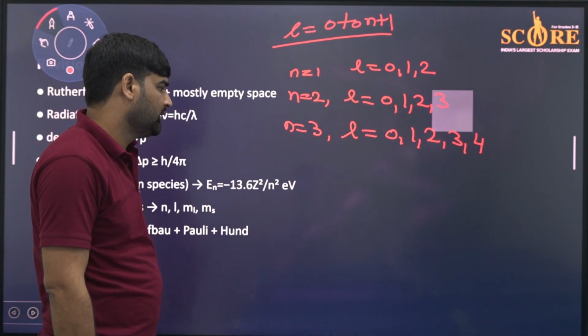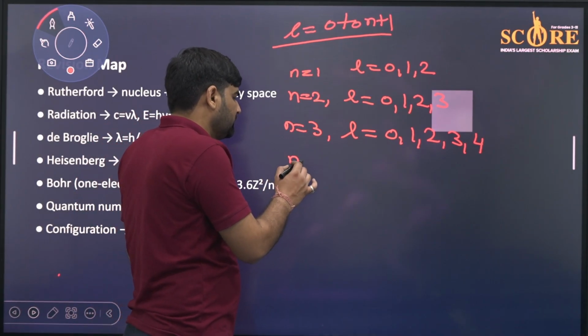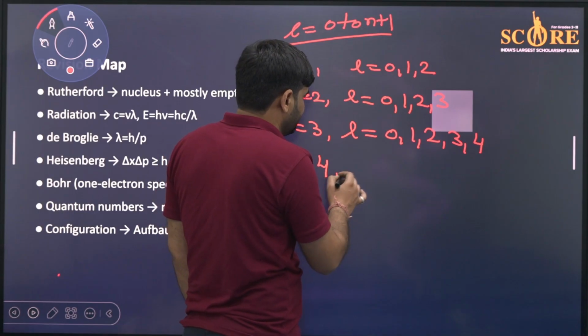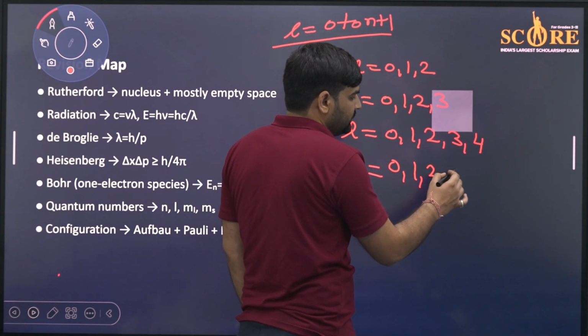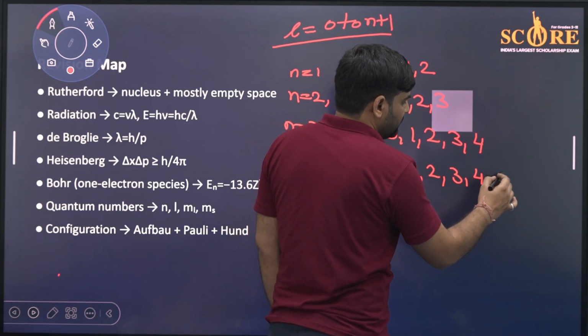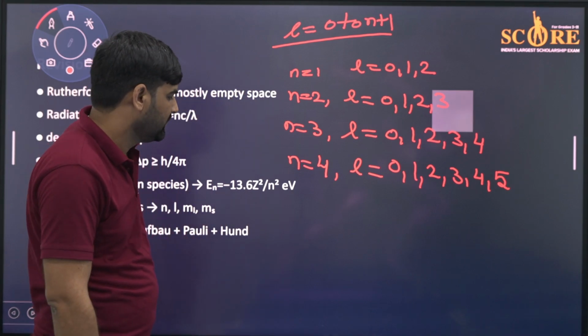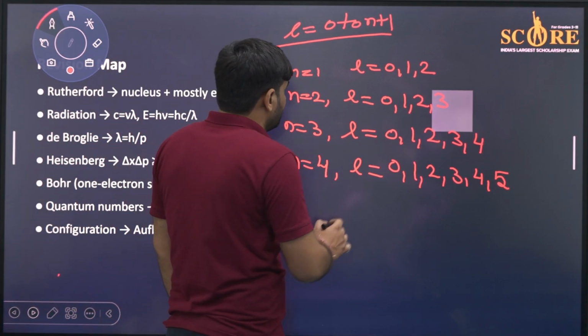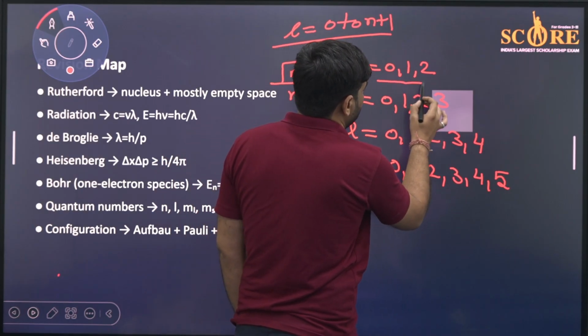Likewise, now I have to write the electronic configuration for selenium. Now also you can write 0, 1, 2, 3, 4, 5. So for n equals 1, there will be 1s, 1p and 1d.